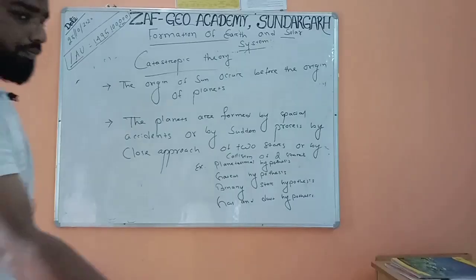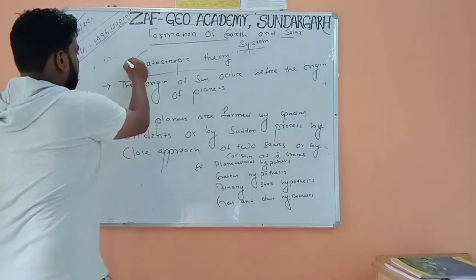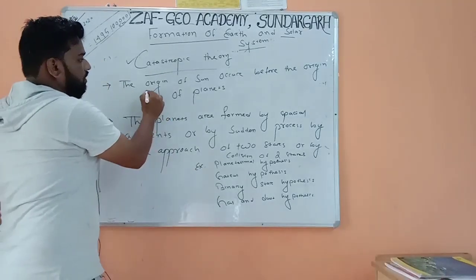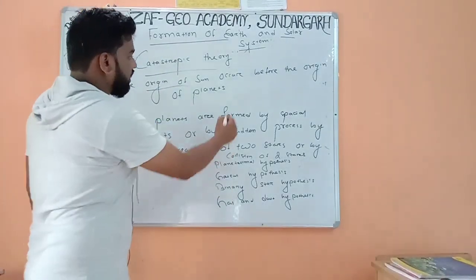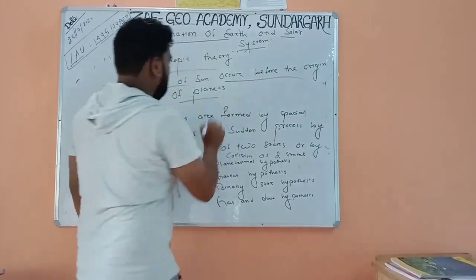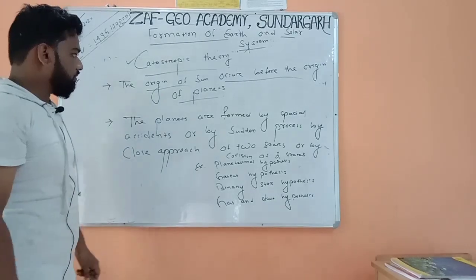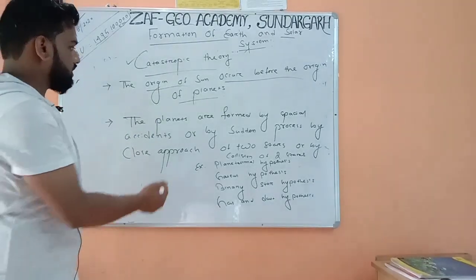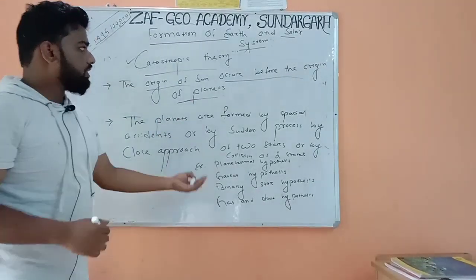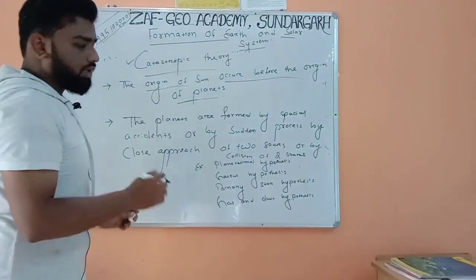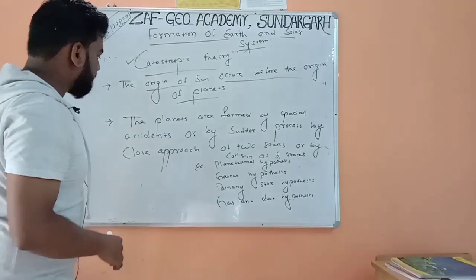Now let's move on to catastrophic theory. According to catastrophic theory, the origin of the sun occurred before the origin of the planets. Some scientists say the sun came into existence before the planets, while others say the sun and all the planets came into existence together, simultaneously.